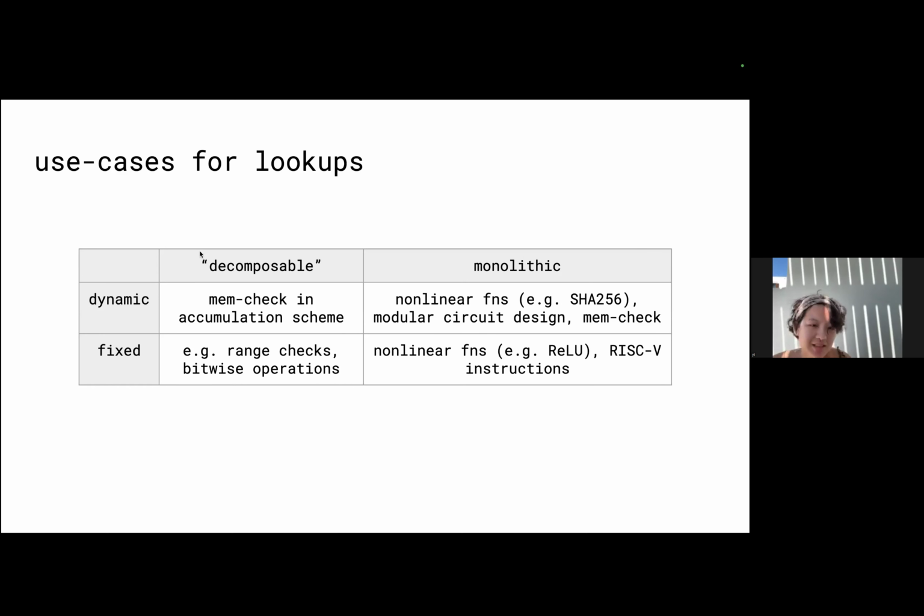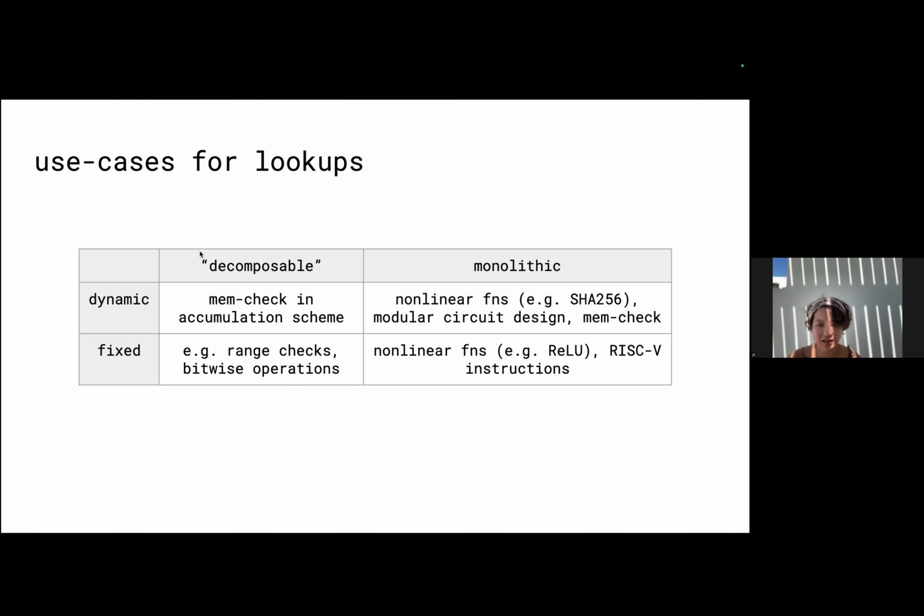And this last quadrant here is the newest one, and I don't understand it that well yet. It's also not decomposable in that strict Lasso definition. But this was proposed in the recent paper called Proofs for Deep Thought. What they do is create an accumulation scheme for memory checking.